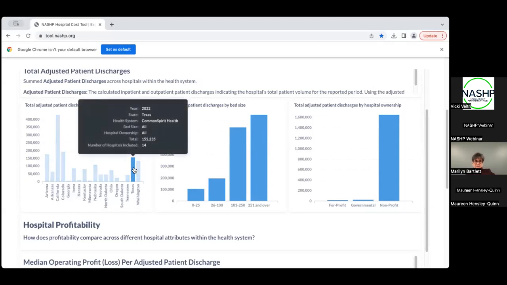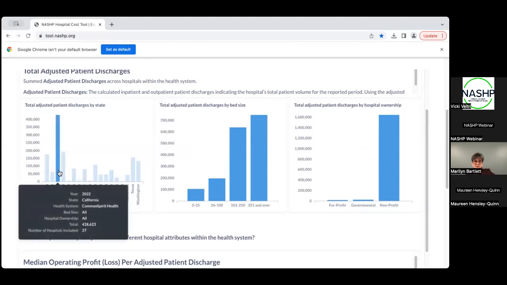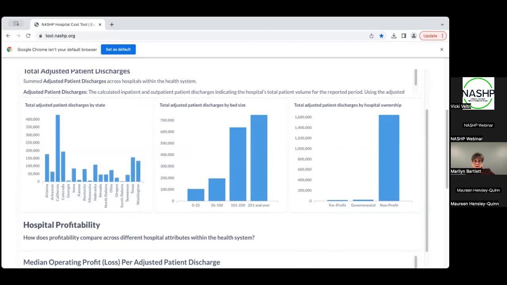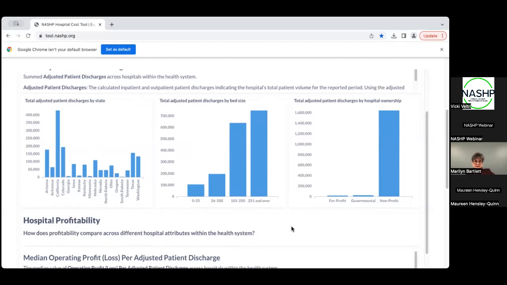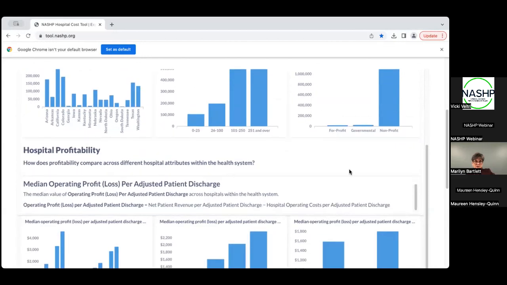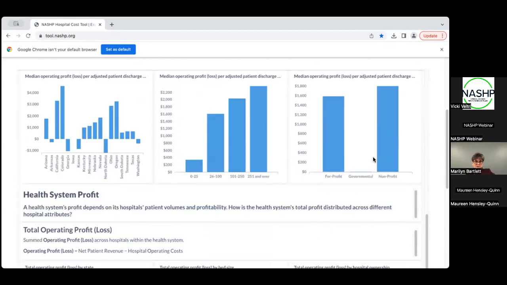Texas is actually the fourth. With 14 hospitals, there's 155,000 adjusted discharges compared to California with 27 hospitals, 428,000. Most all their hospitals are not for profit. And as you would expect, most of the adjusted discharges, the highest volume, are from the largest hospitals.